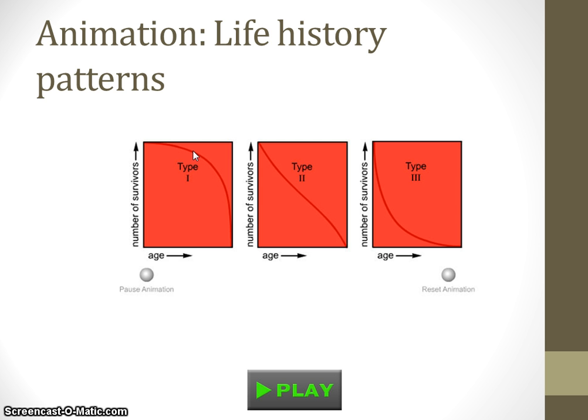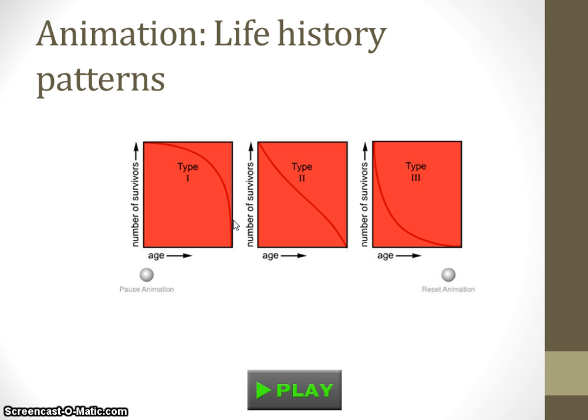Maybe there's some diseases that might get some teenagers, but generally, it's not till midlife that we see the death rates sharply take our lives. And so that's when we have things like cardiac arrest setting in and cancers. So type 1 is a great representation for humans and other large mammals.